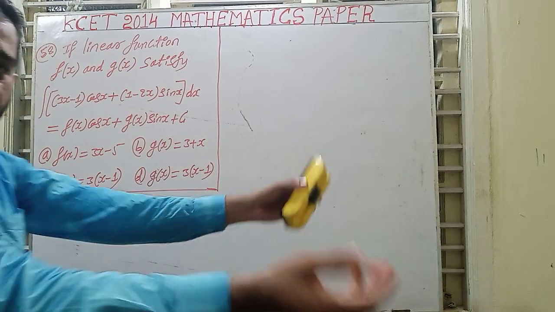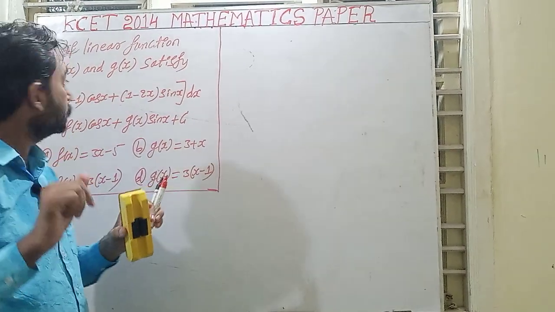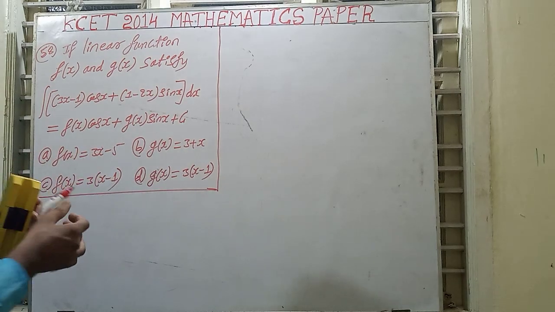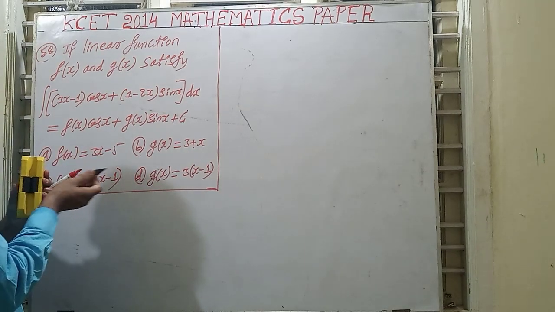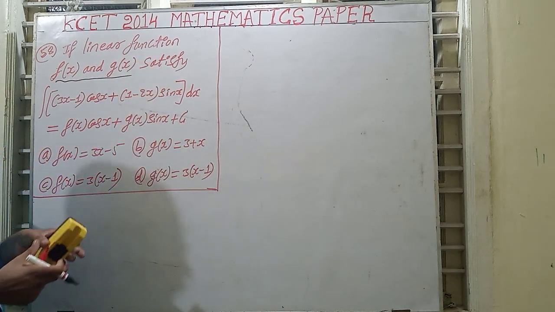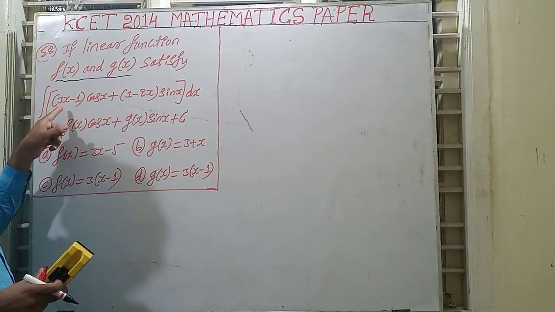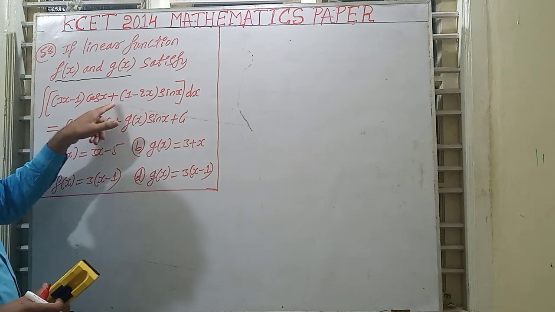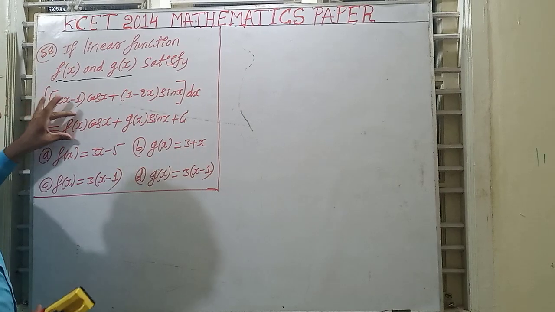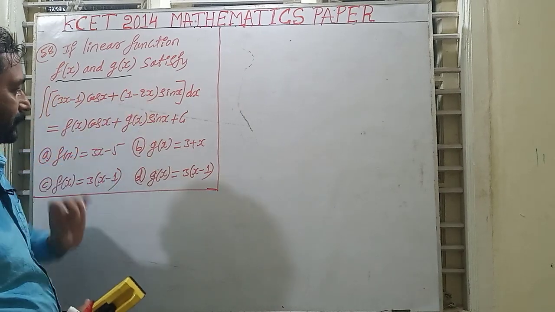So now let us move on to the next question, question number 58. In this question, if linear functions f of x and g of x satisfy the indefinite integration condition, the integration of 3x minus 1 into cos x plus 1 minus 2x into sin x is equal to f of x cos x plus g of x sin x plus c.